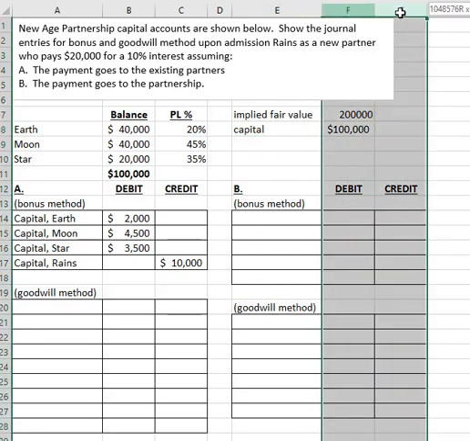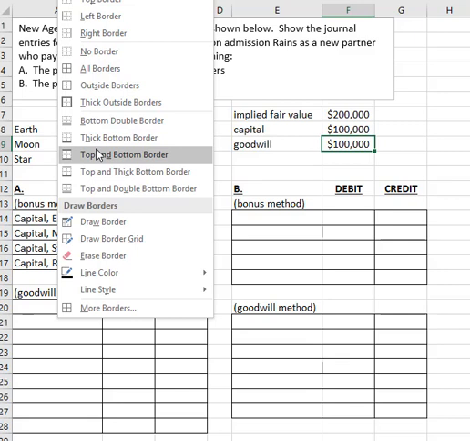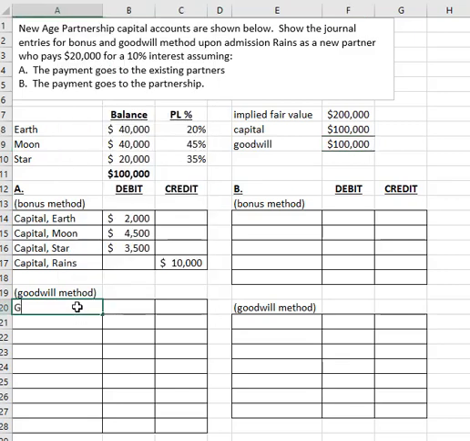And so that difference is the goodwill. And that goodwill is spread based on the profit loss percent to the current partners and the assets put on the balance sheet. And it's spread based on their profit and loss percent. So Earth is going to get 20% of it, and Moon will get 45, and Star will get 35.